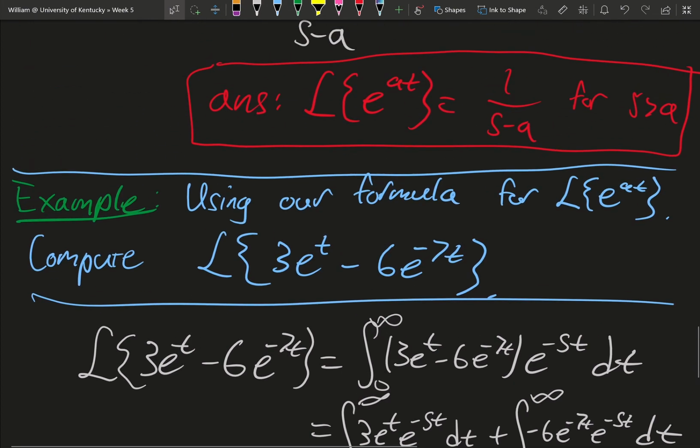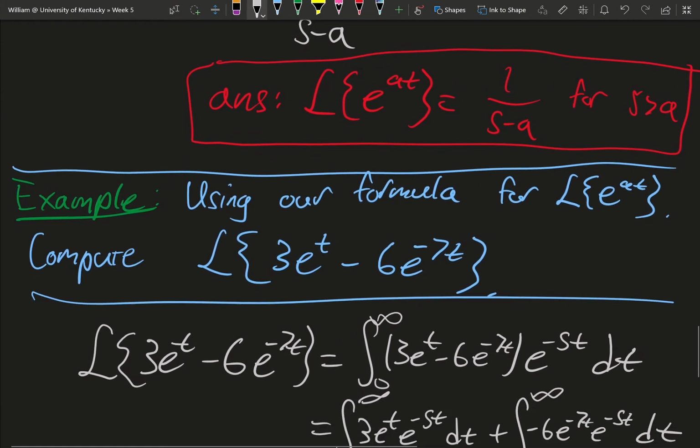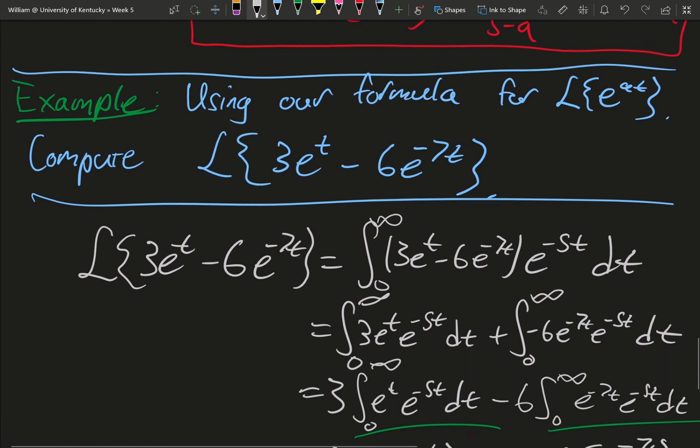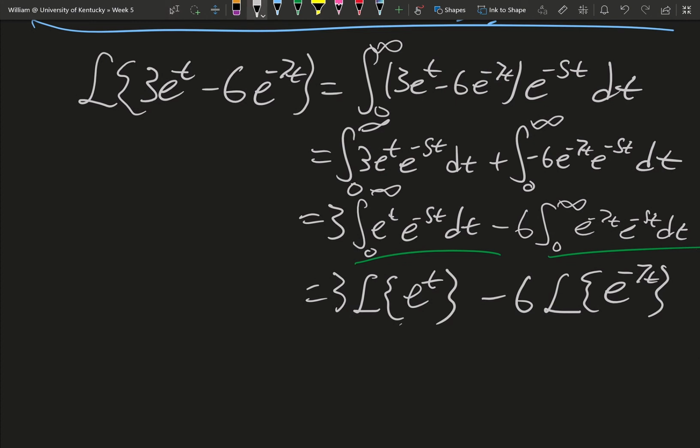And so if I use these formulas up here, this is going to be 1 over s minus 1, and this is equal to 1 over s minus negative 7.